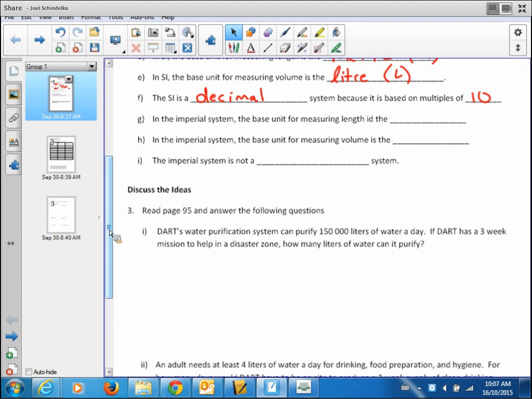So anyways, in the imperial system, the base unit for measuring length is the foot. And then you can break that down. We usually use FT as the abbreviation. I also see one tick mark beside a number, that will mean feet. In the imperial system, if you're measuring volume though, you might hear old people talk about pints.